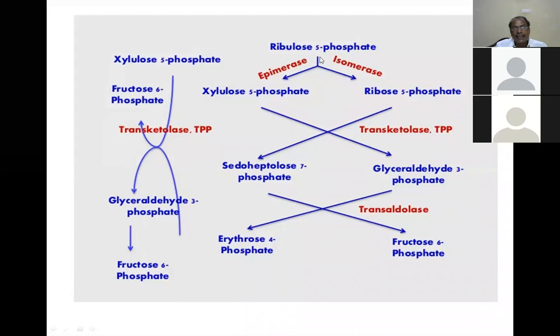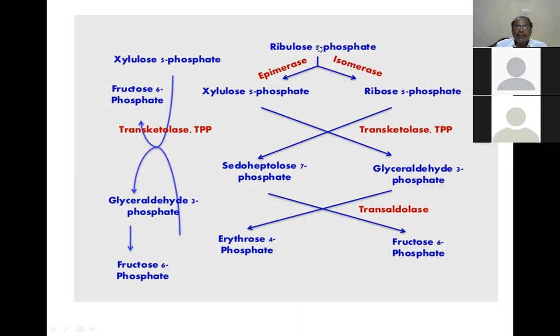It is bidirectional. Though it is not written, it is a reversible reaction. Ribose 5-phosphate is an aldose, and ribulose 5-phosphate is a ketose. A ketose producing an aldose, and an aldose producing a ketose, you call isomerase. Several times I have told you in the classes. So one ribulose molecule is acted upon by isomerase, producing ribose 5-phosphate.